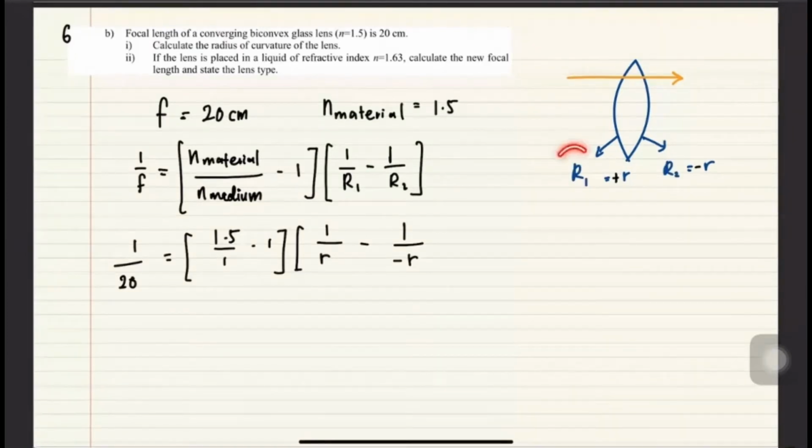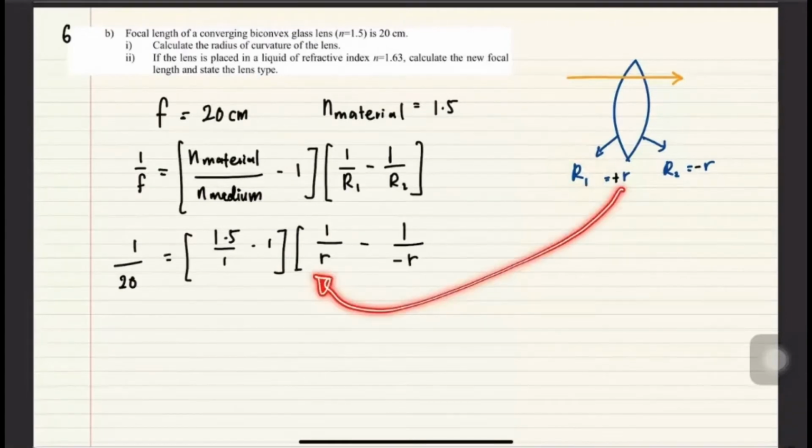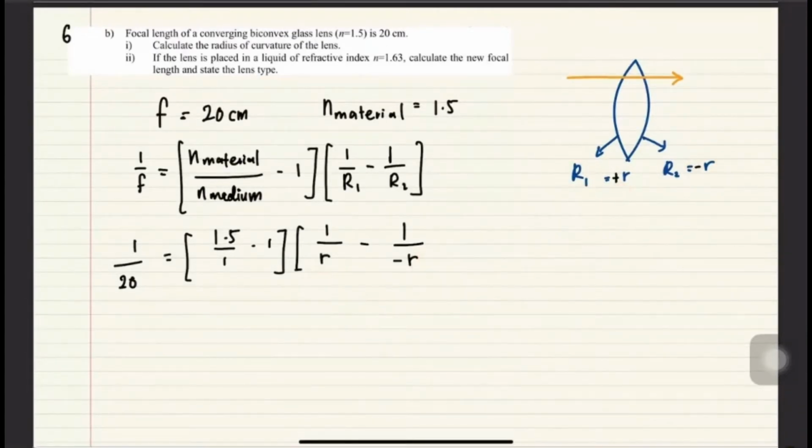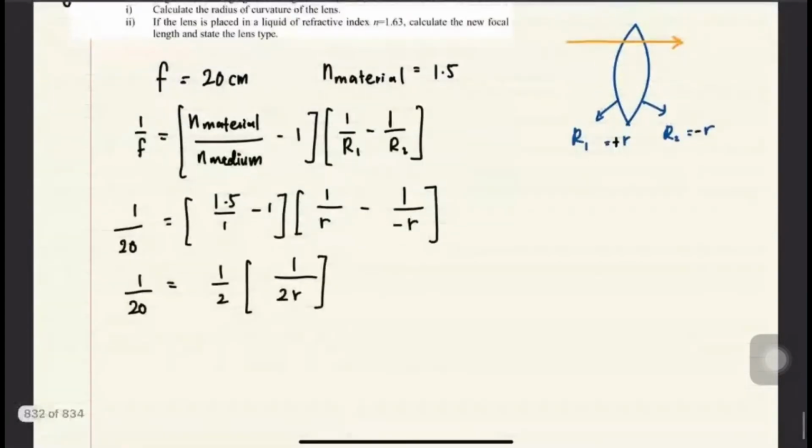So R1 positif R, R2 yang negatif R. So now you have 1 over 20, 1 over 2, 1 over 2R.